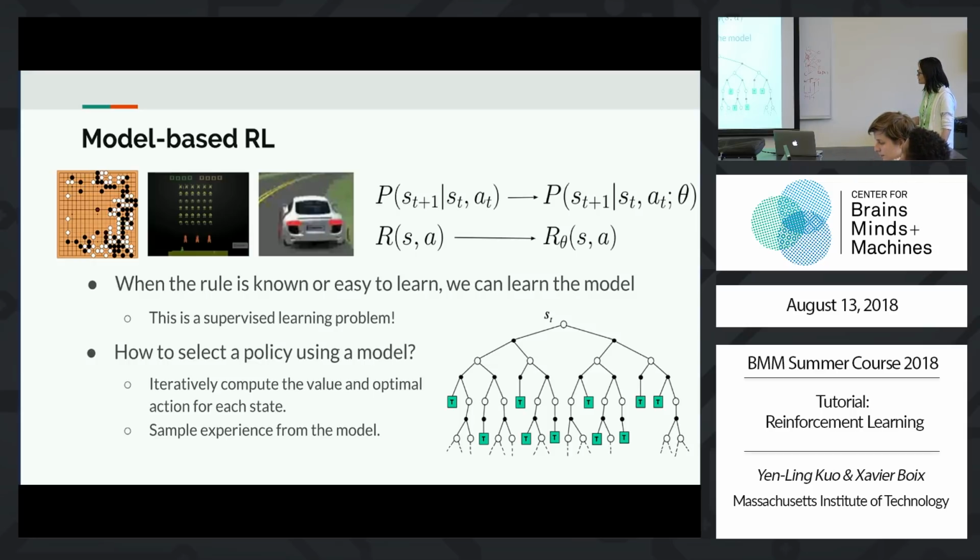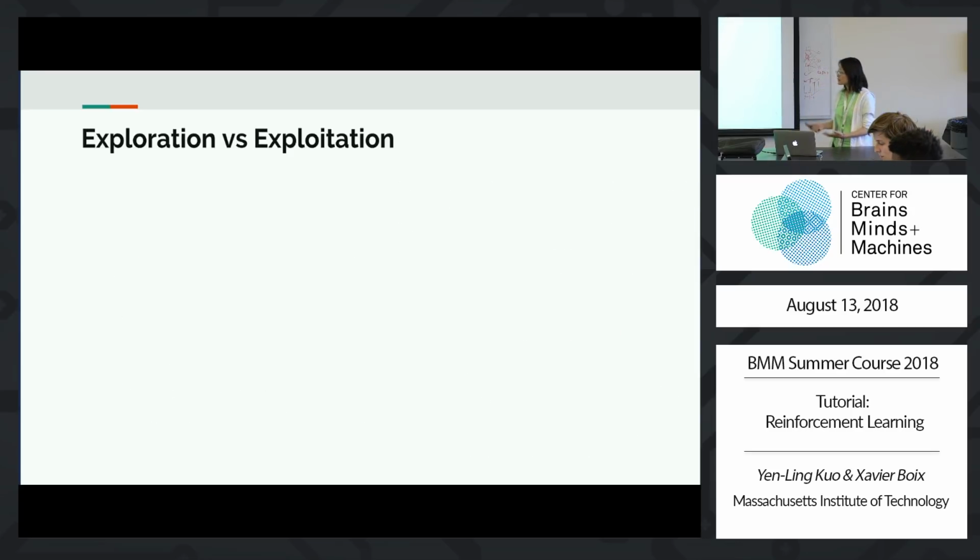And then you can evaluate each termination node to find the best path to get to the goal, and then select it. So these are the three types of reinforcement learning people are talking about most of the time.